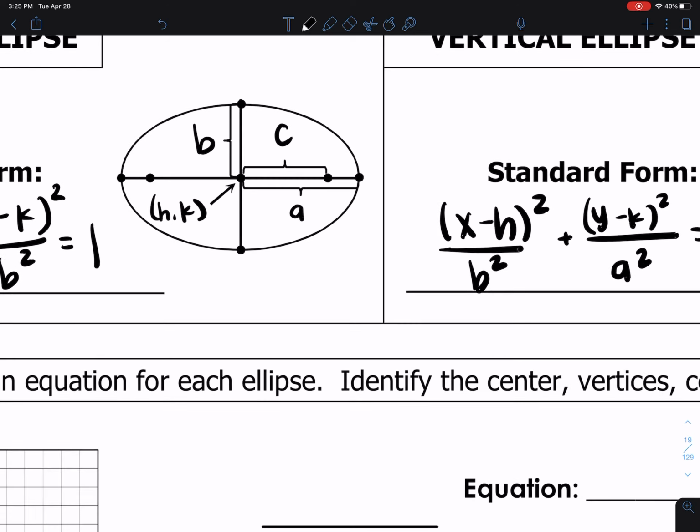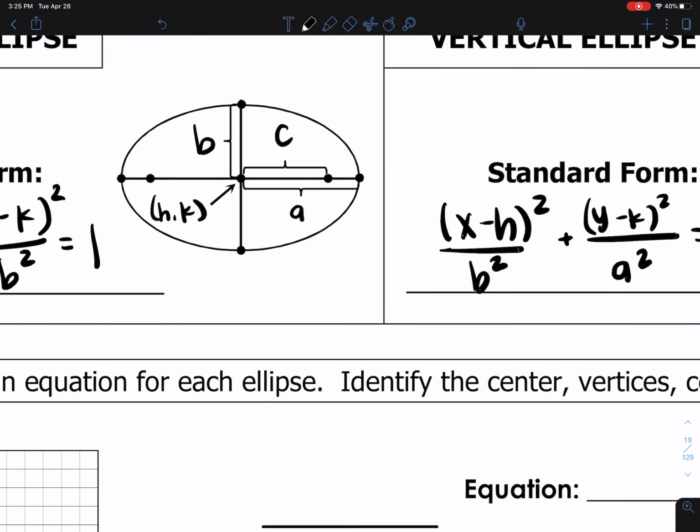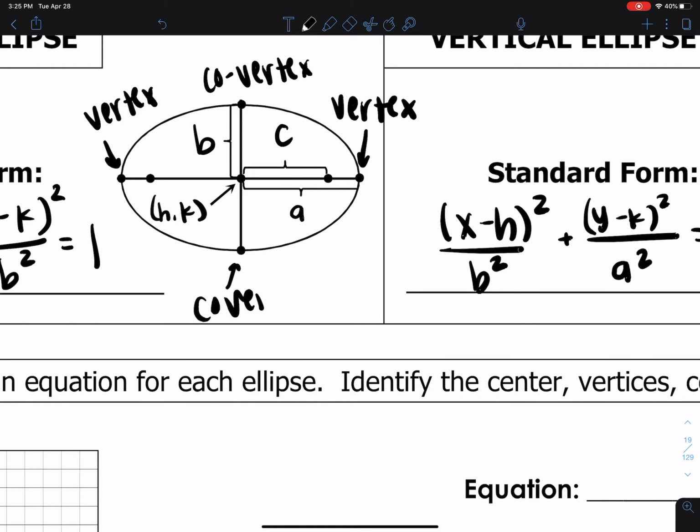And then also, if it's horizontal, then this one and this one, these are the vertices, or the vertex if it's single. Then this is a covertex, and this one is a covertex.